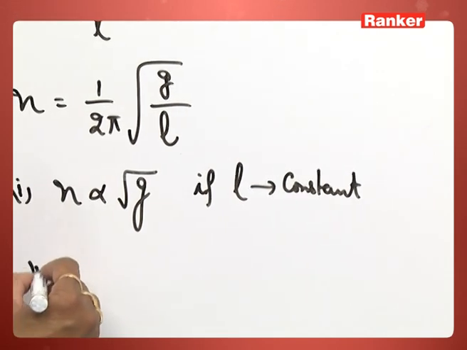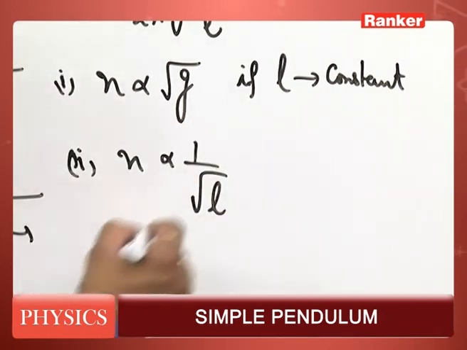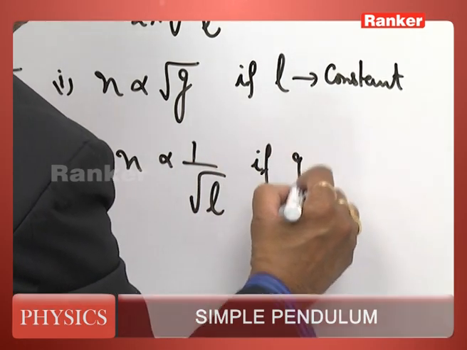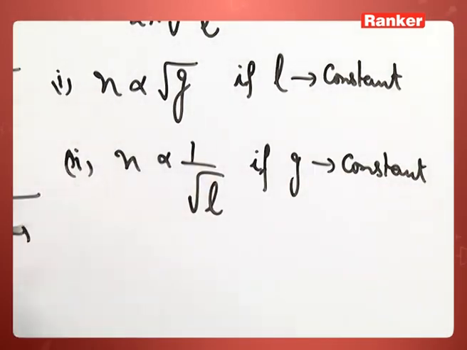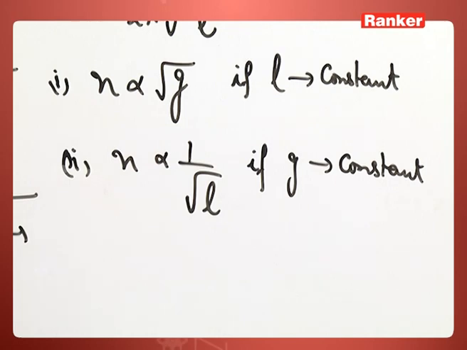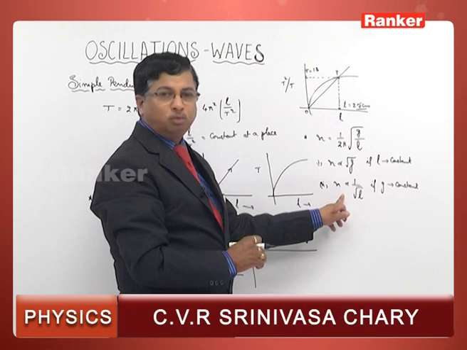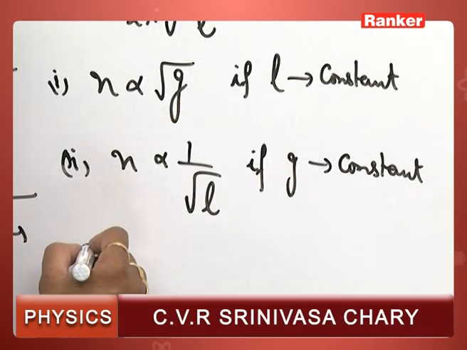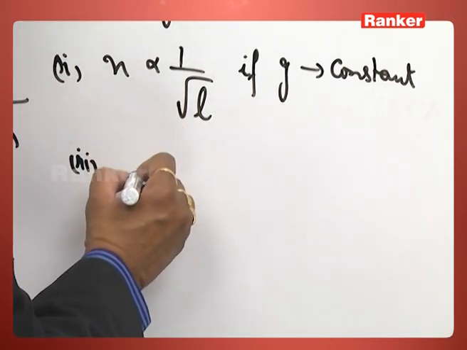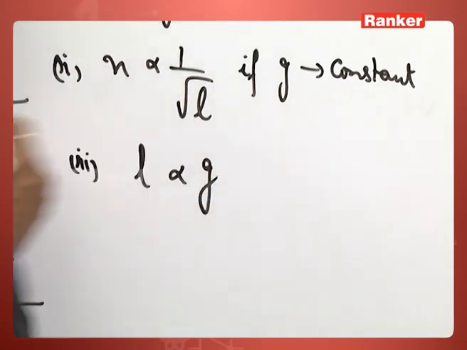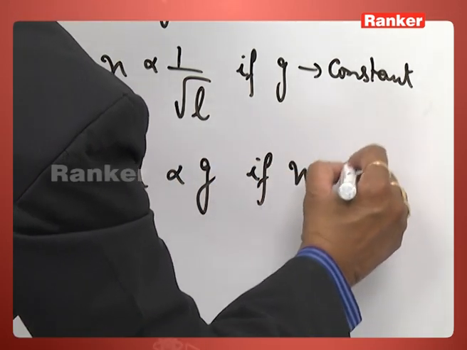In the same manner, n is inversely proportional to root L, if I consider g constant. g is constant means at a particular place, when I relate n with L, automatically one can understand n is inversely proportional to root L. Coming to the third and last in this order, g and L are directly proportional to each other. This is the case when I consider n remains constant.